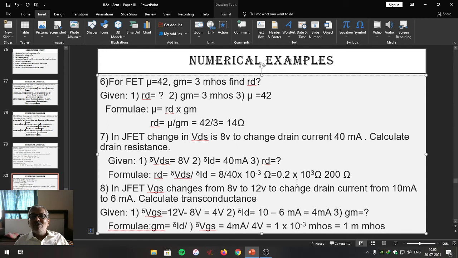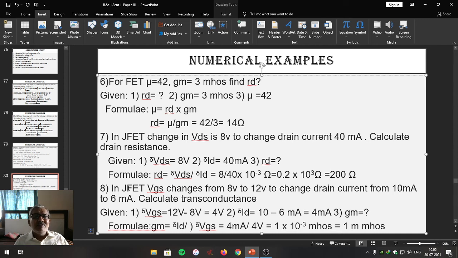Therefore 0.4 into 10 raised to 3 ohm. That comes to 200 ohm as rd. So the simple examples are asked in the objective type questions.